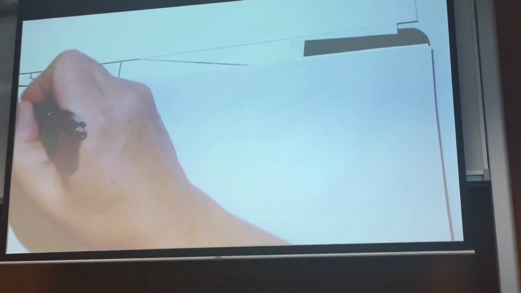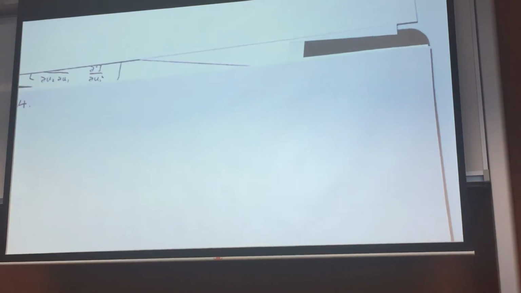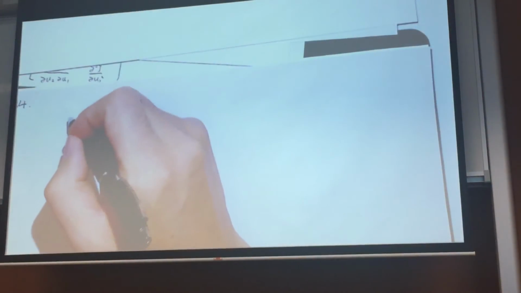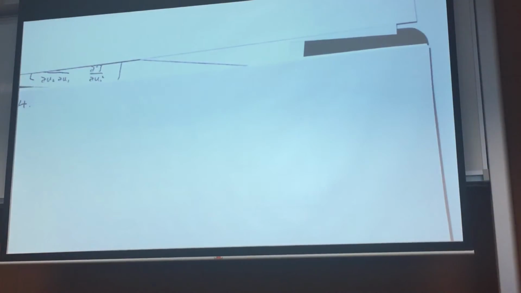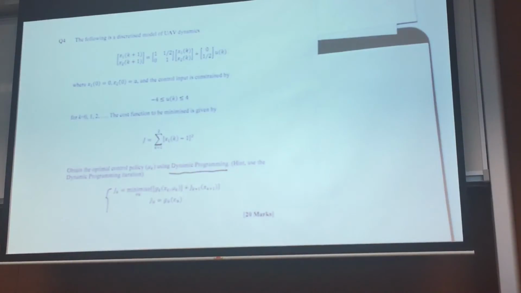I will not give you the full details, so you may refer to the lecture notes in the last lecture. Essentially, to use dynamic programming, the equations are given here. These are the equations for dynamic programming.